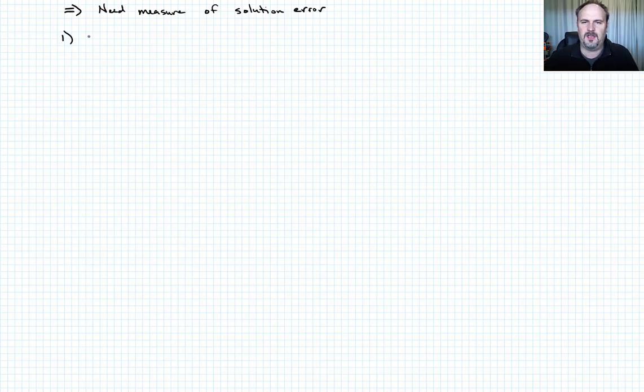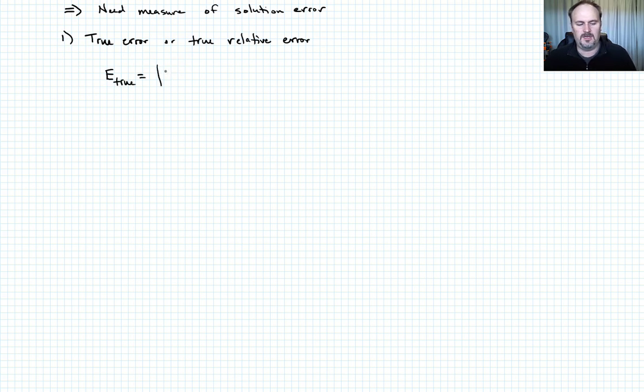So one way you might think about this is to look for the true error, or the true relative error. You might define the true error as equal to whatever the true solution was, we'll call it x true, minus the numerical solution, just the magnitude of that.